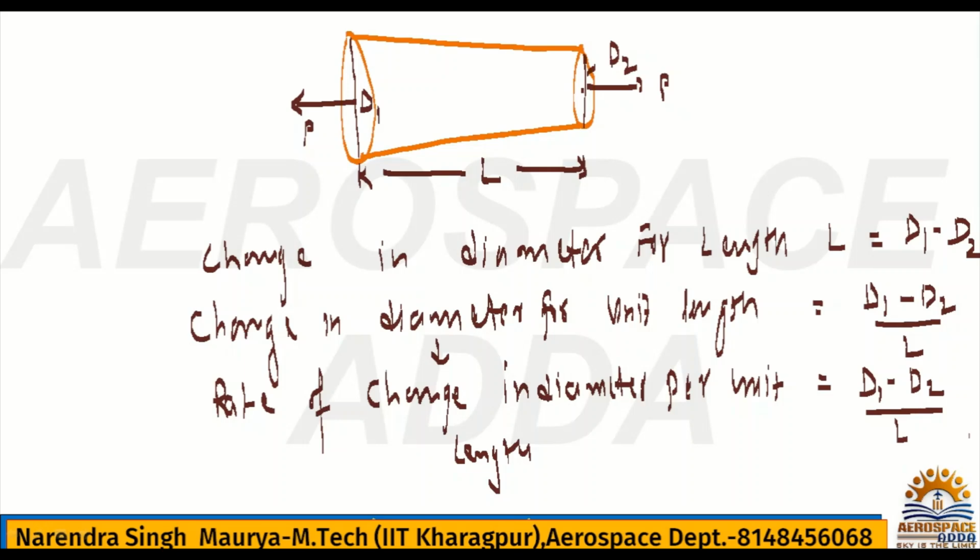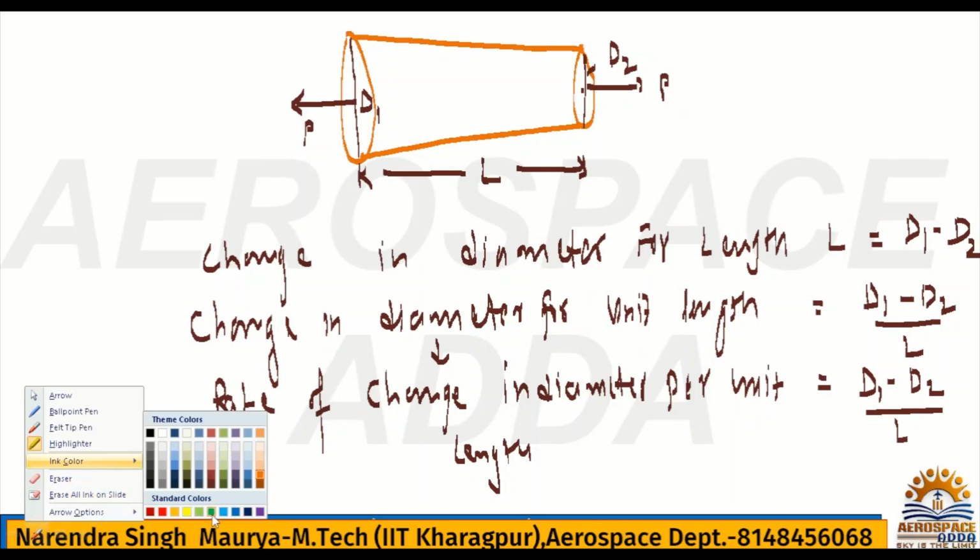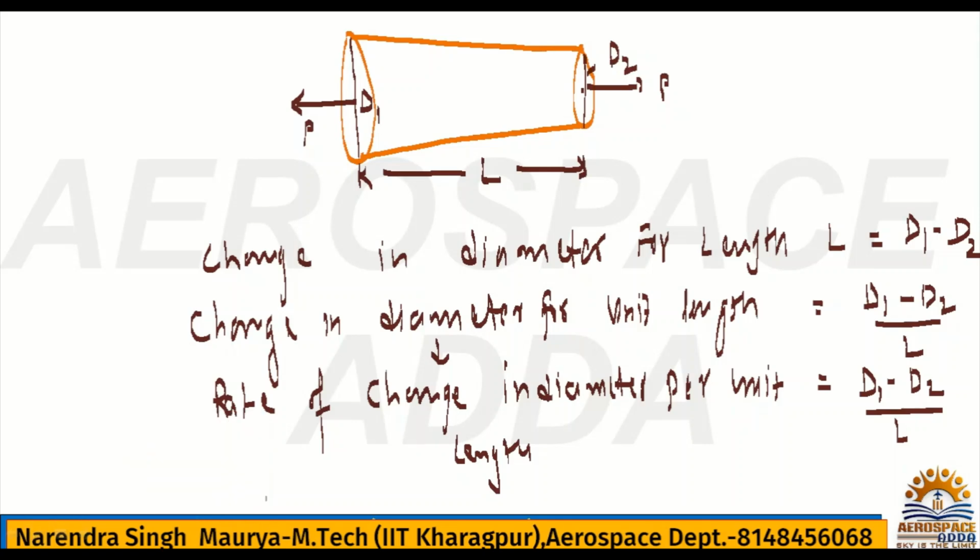All right, now coming to the next. At any distance x, I'll take a section of this bar. The total length is L, and the distance of this section from the end is x.